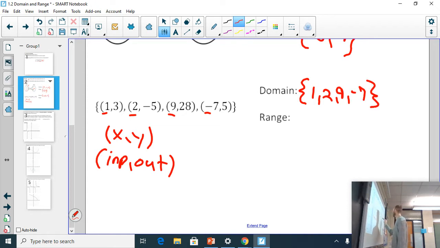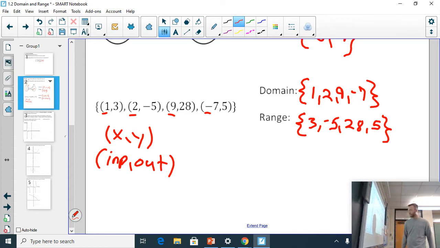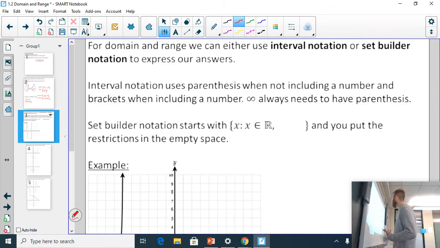And then the range is going to be all the y's, which is going to be 3, -5, 28, and that last one is positive 5. So inputs, outputs. That's all you need to know. Domain is inputs, range is outputs, or on a graph, domain is all the x's and the range is all the y's because those are the inputs and the outputs on a graph.